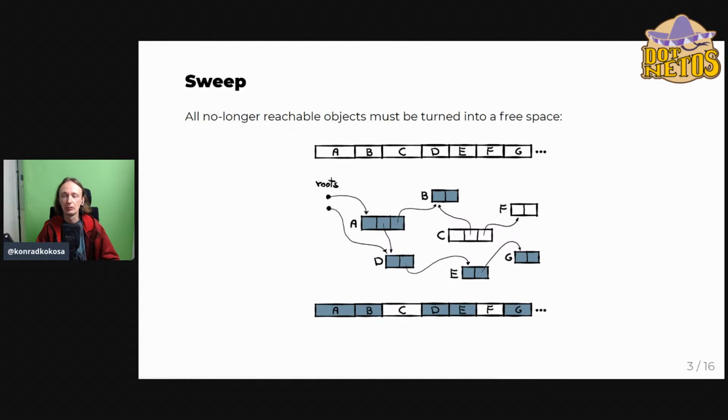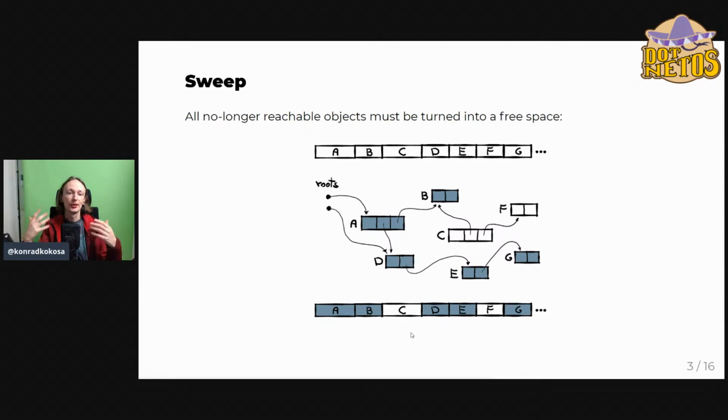Without any complex moving of objects, we are just using the information that we had this continuous memory region of objects, we marked what is reachable, so we know now that the C and F objects are not reachable, which means they are eligible for collection, as it is called.